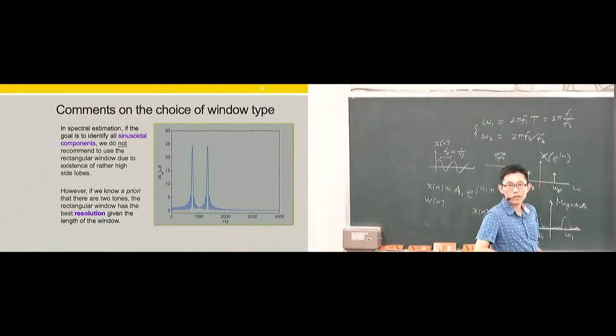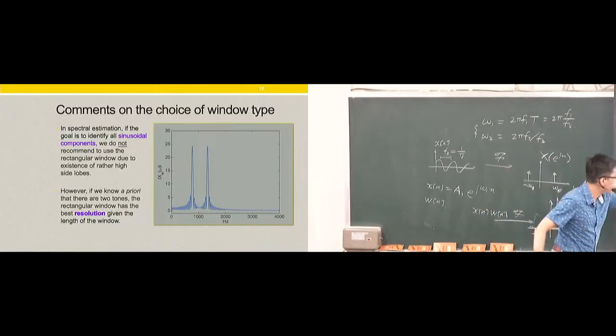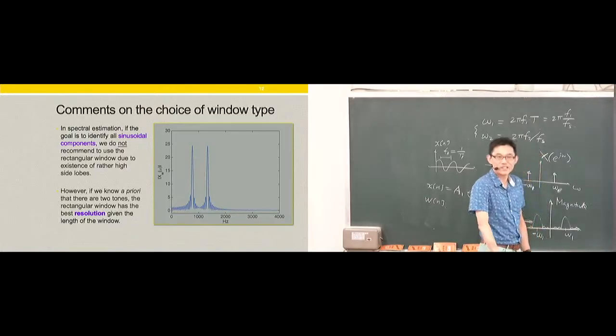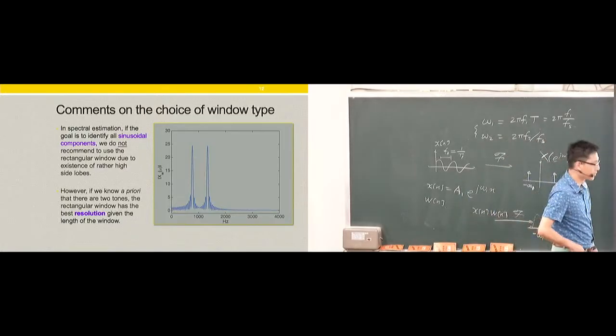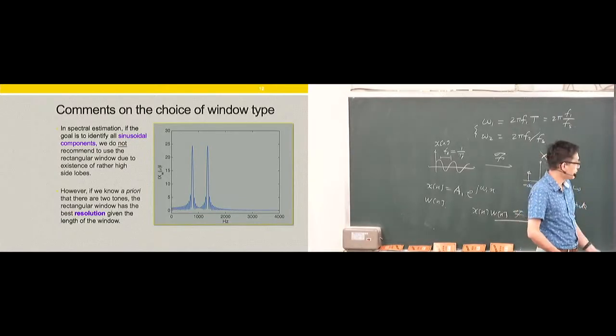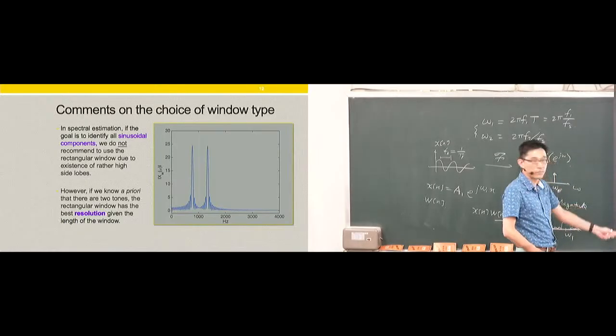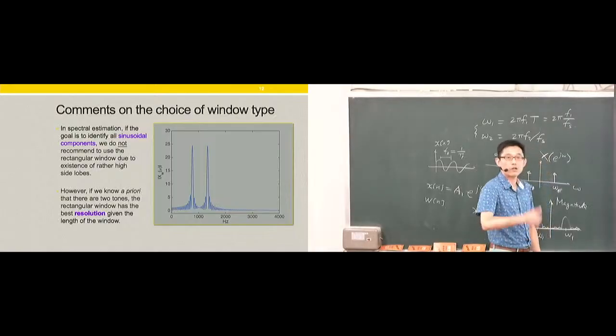In one kind of task, like in today's task, we know a priori, beforehand, in advance, that there are going to be two tones. Like on the telephone system, we can very safely assume either a button is pressed or a button is released.